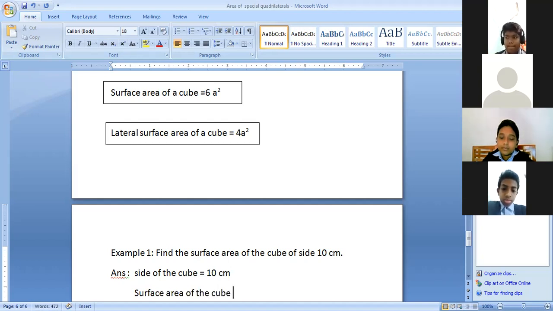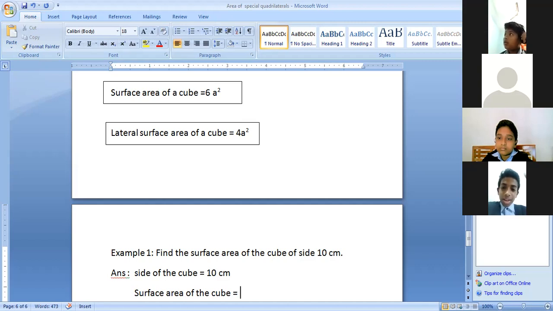Do you know the equation? What is it, Alan? Surface area of the cube. What is the equation? Unmute and say. 6 into A? 6 into 10? The equation is wrong.